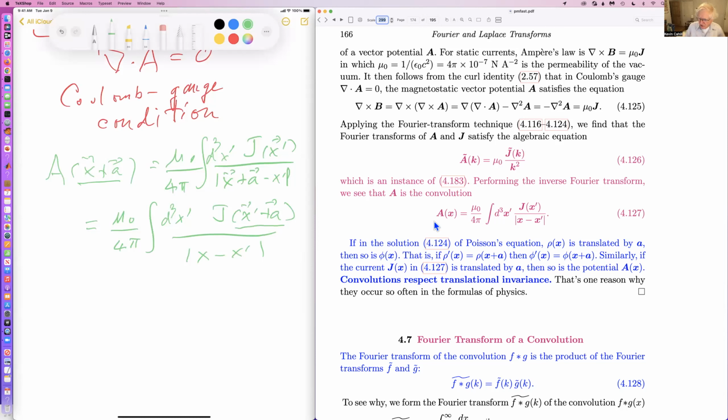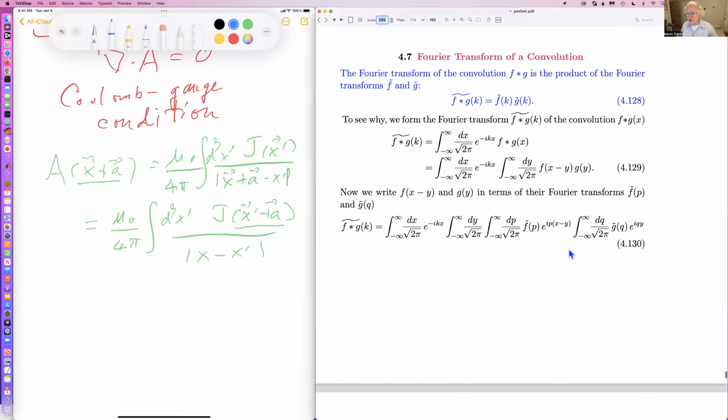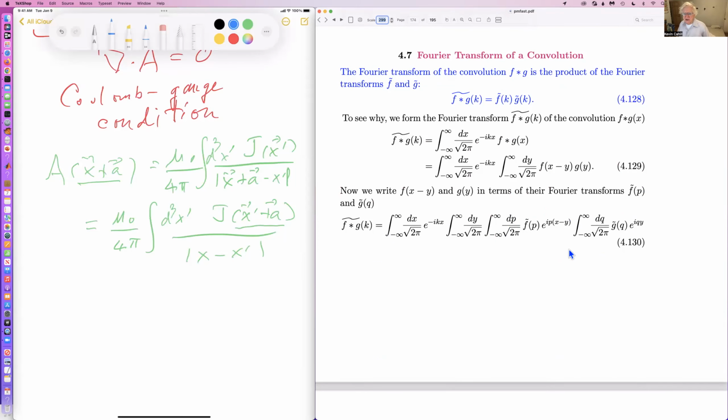So convolutions respect translation invariance, and that's one of the reasons why they occur so often in physics. If they didn't, this would be really quite unacceptable. So let's look at the Fourier transform of a convolution.